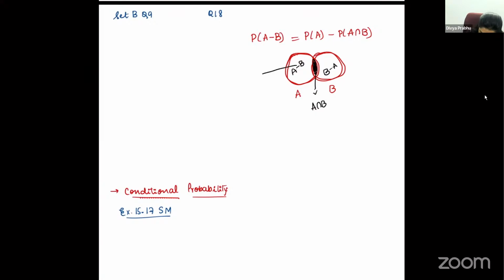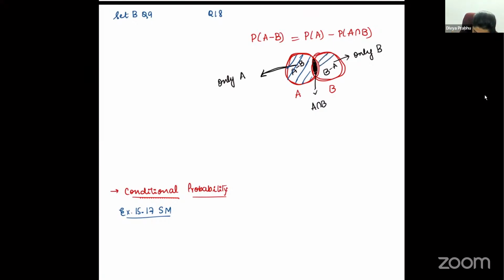A minus B is also known as only A. B minus A is also known as only B, which means in the only A region, there is nothing which belongs to B, that is this area. Got it? The only area which is of A only.